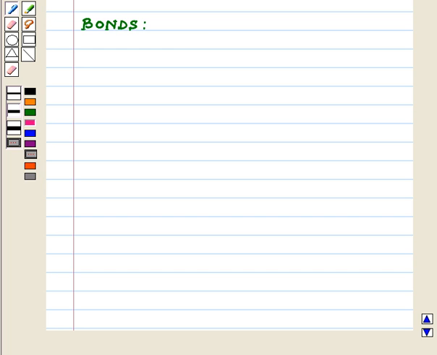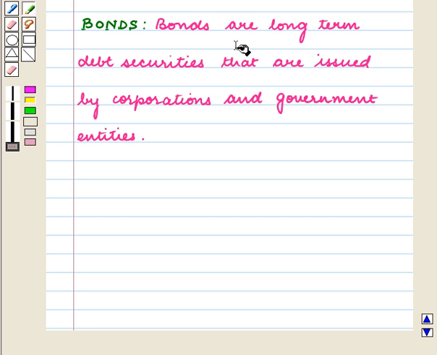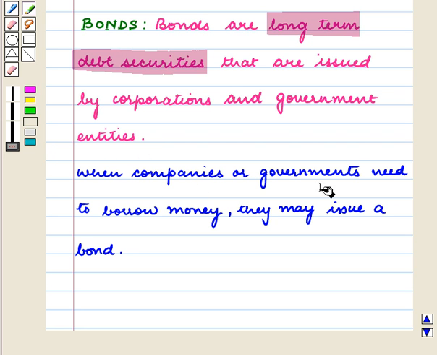Now let us discuss bonds. Bonds are long-term debt securities that are issued by corporations and government entities. When companies or governments need to borrow money, they may issue a bond.